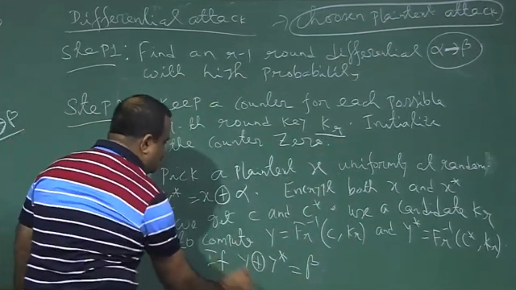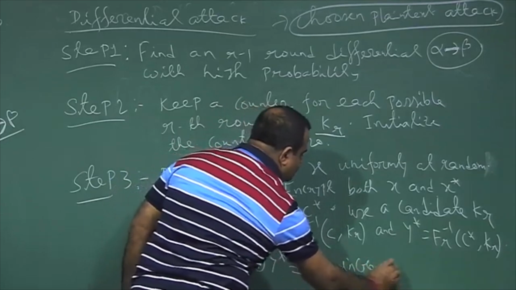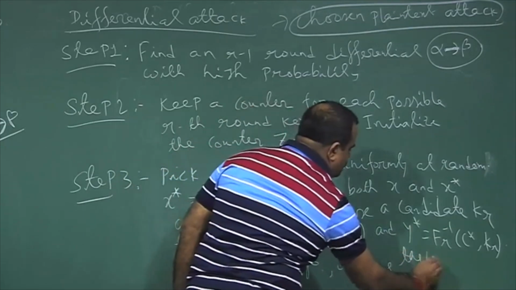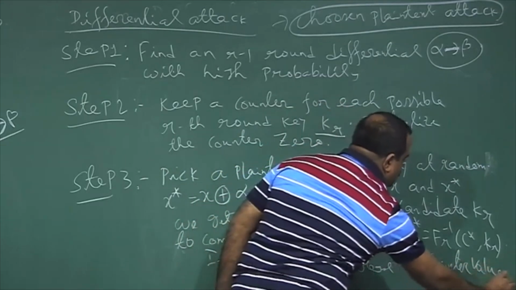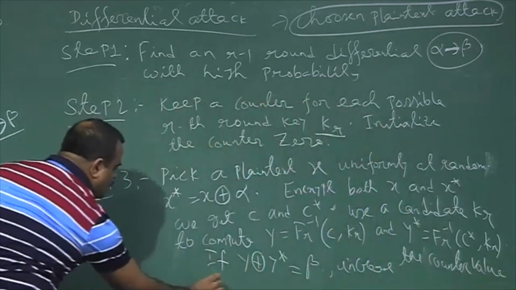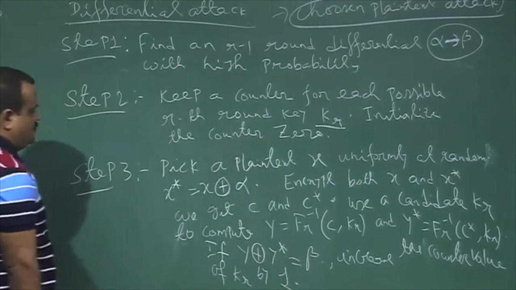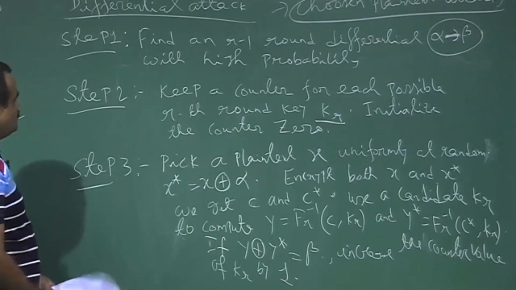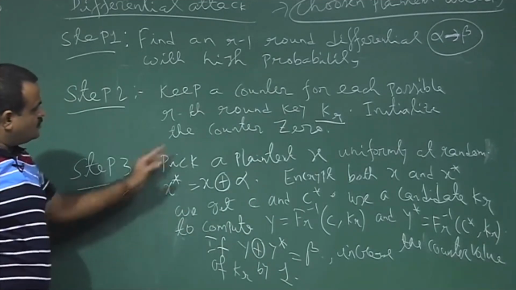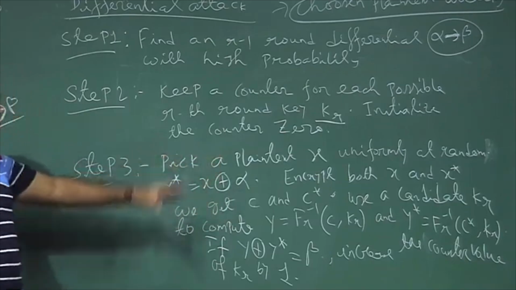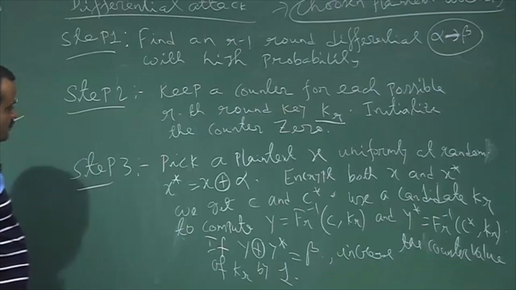Then we repeat step 3 and again choose an x, for all possible x, until we get a significantly larger value in the counter for some K_R.